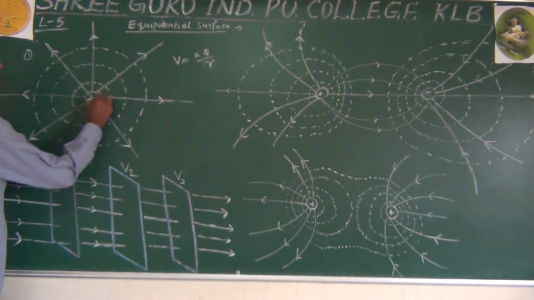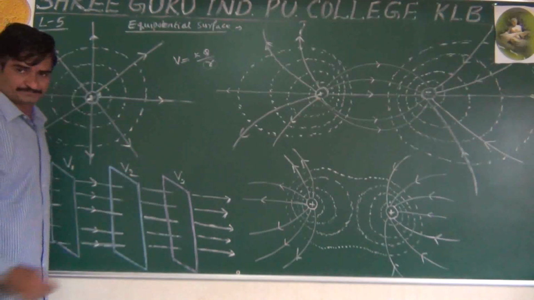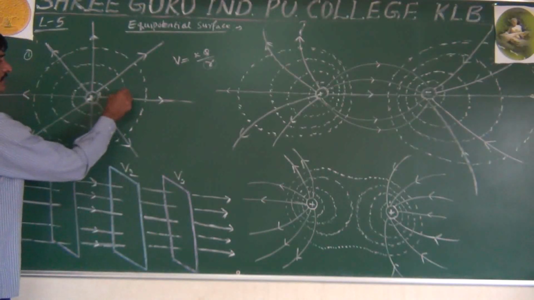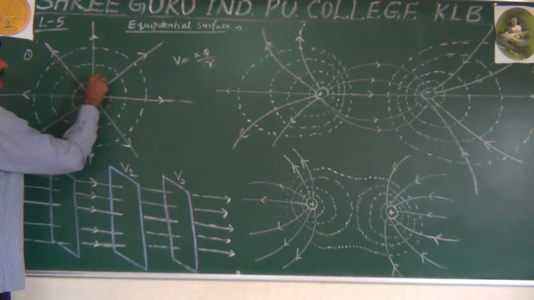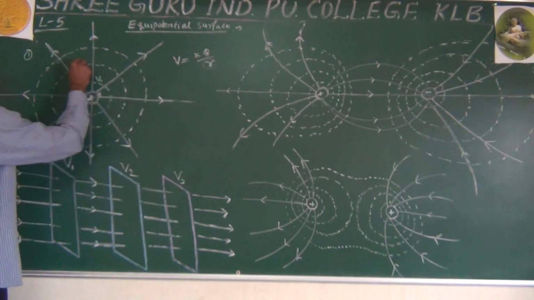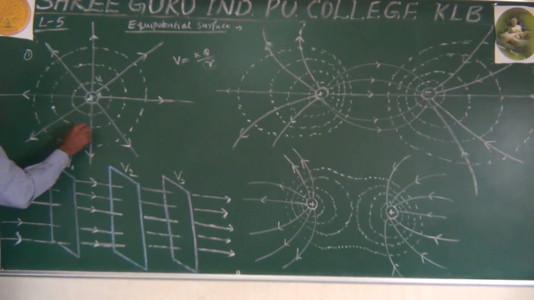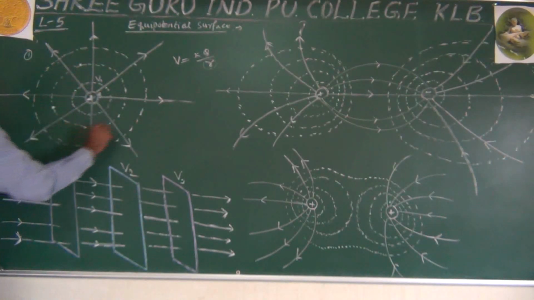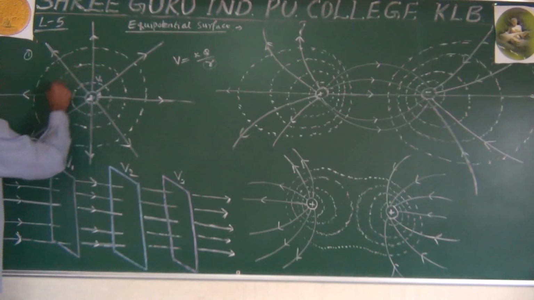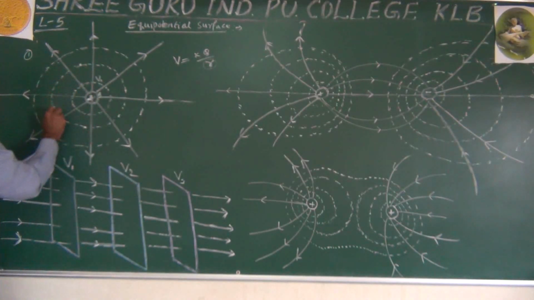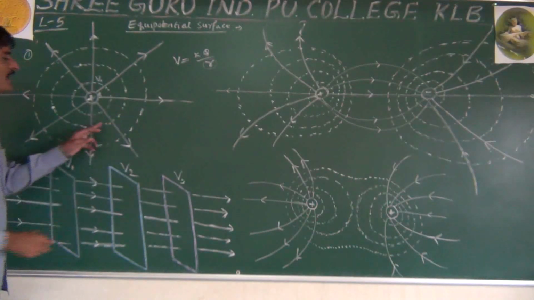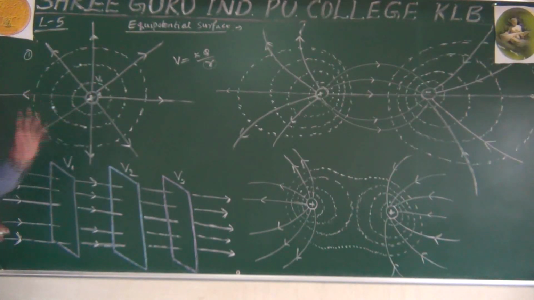Similarly, if you take a larger value of R, then at those points also the potential will remain the same. When you combine all these points, it will form an equipotential surface due to the charge distribution.